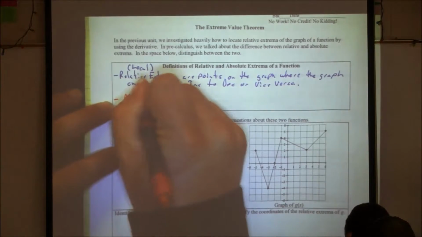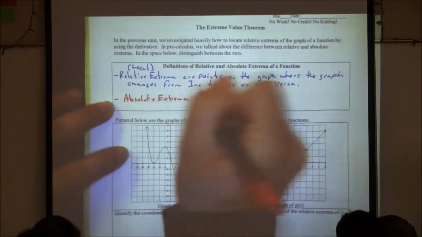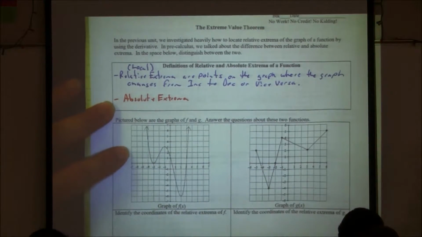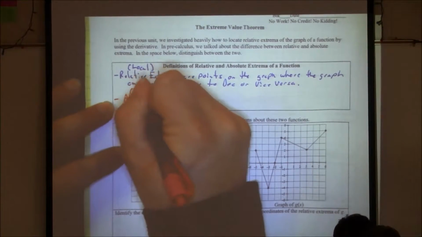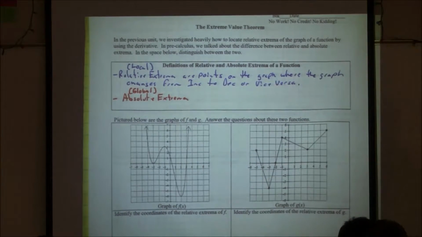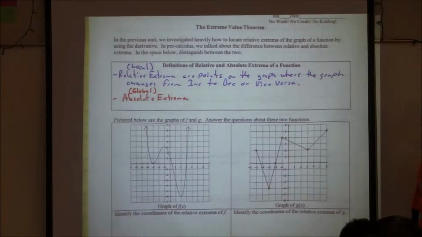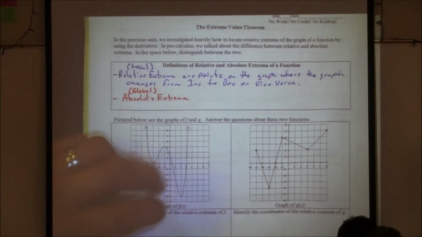Absolute extrema. What would be the other name for that one? Global. Now you're talking about the whole graph, the entire viewing width, the entire domain. Yes? So absolute extrema are what?